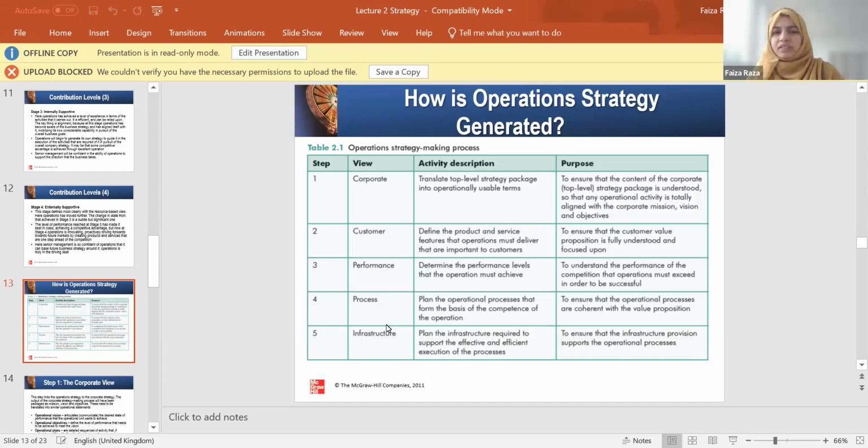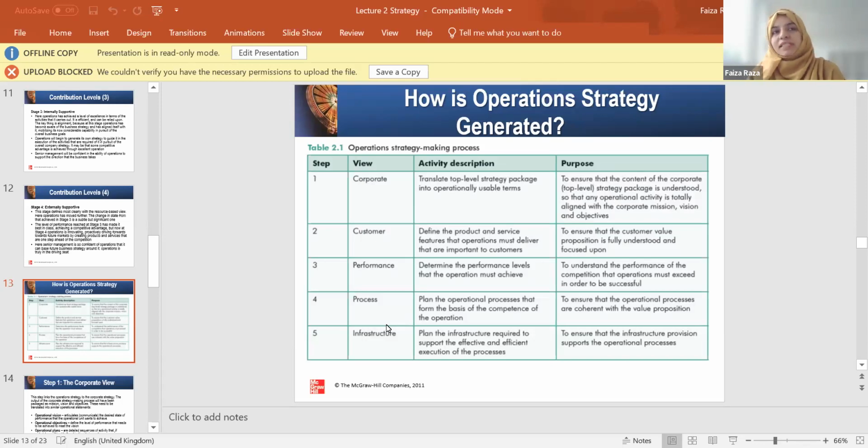The activity description is to translate the top level strategy package into operationally usable terms. The purpose is to ensure that the content of the corporate top level strategy package is understood, so that any operational activity is totally aligned with the corporate mission, vision, and objectives.